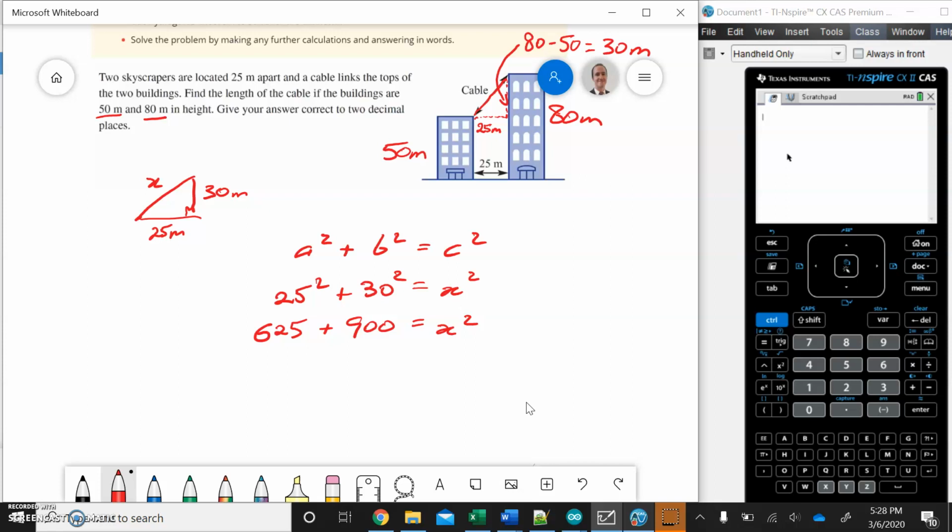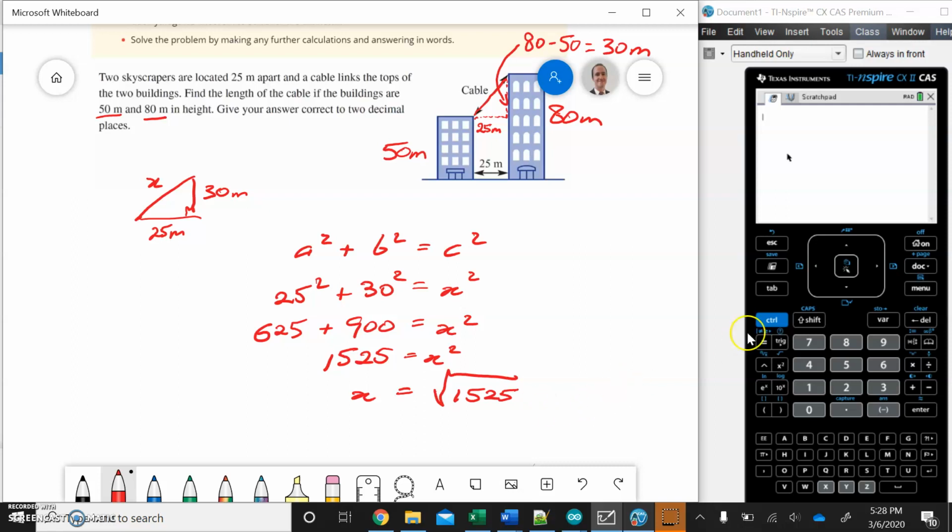Adding 625 to 900, we get 1525, and now taking the square root of both sides, we get x is equal to the square root of 1525.